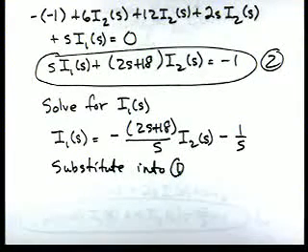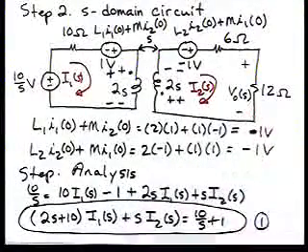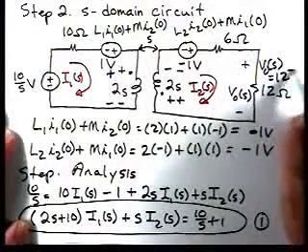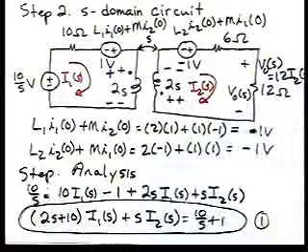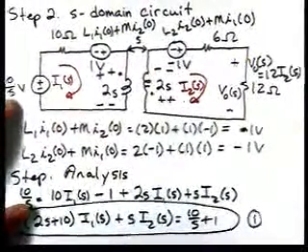Now, if we look at our circuit, we only need I2 because V0 is 12 I2 of S. Okay. So we know that V0 is 12 I2 of S. So now we're going to substitute into this equation.